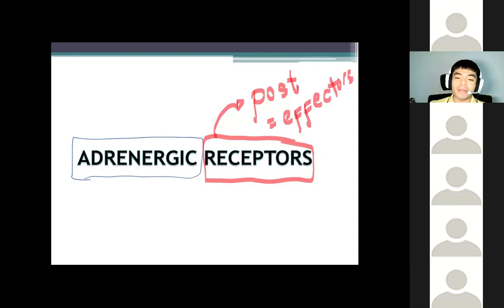So dito natin makikita ang epekto ng utos ng utak sa mismong organ, having the receptor. And also remember that binding of neurotransmitter like acetylcholine and also norepinephrine is essential para maramdaman sa effector yung utos ng utak.